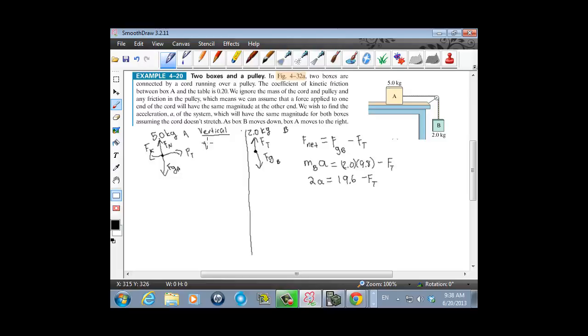We already know that Fn is going to have the same magnitude as the force of gravity. It's going to be mBg, or 5.0 times 9.8, which is 49. Oh, yes, that's MA. Thank you. So the normal force is 49.0 newtons.